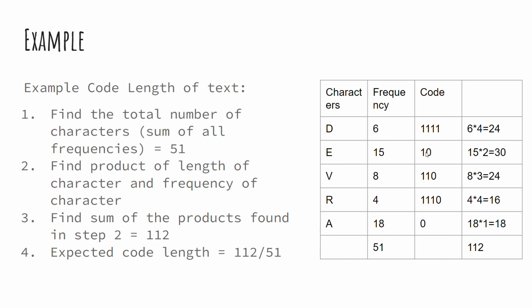Then 15 multiplied by 2, because the length of this is 2, so I get 30. Then 8 multiplied by 3, 4 multiplied by 4, and 18 multiplied by 1. In step 3, I find the sum of the products from step 2, which gives me 112. So the expected average code length is 112 divided by 51.